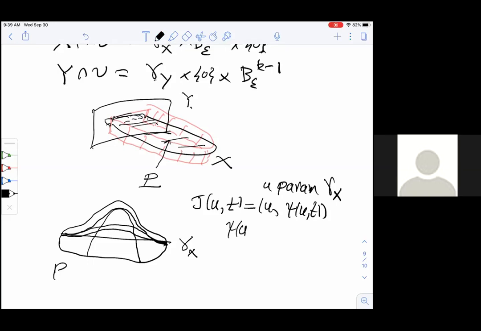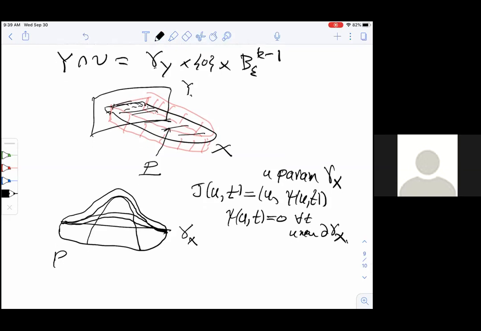Psi of U T equals 0 for all T, for U near the boundary of gamma x. So psi is identically trivial, 0, out here near the boundary for all T. Of course, psi of U 0 is also 0.